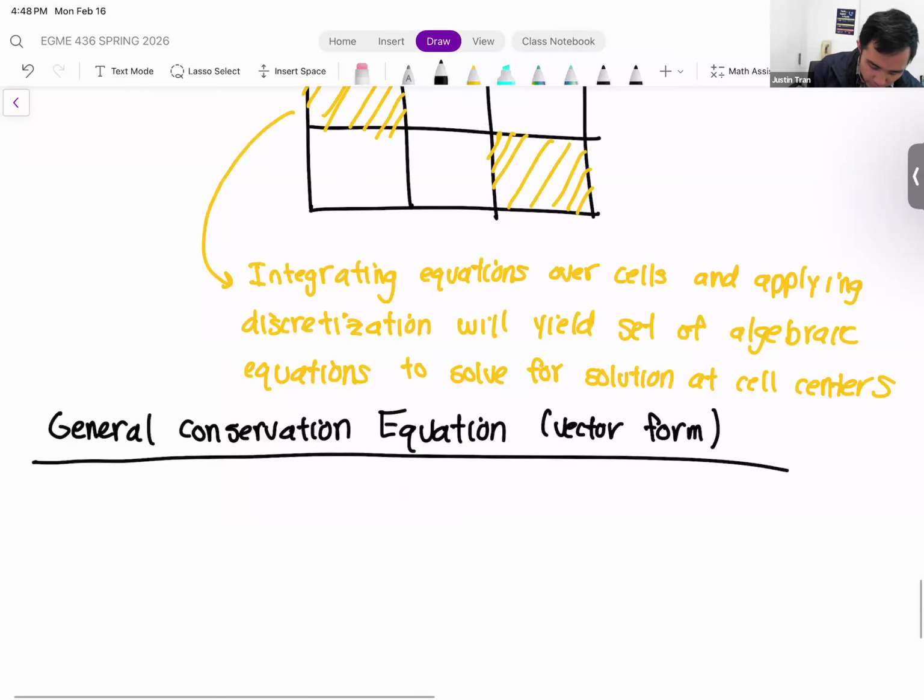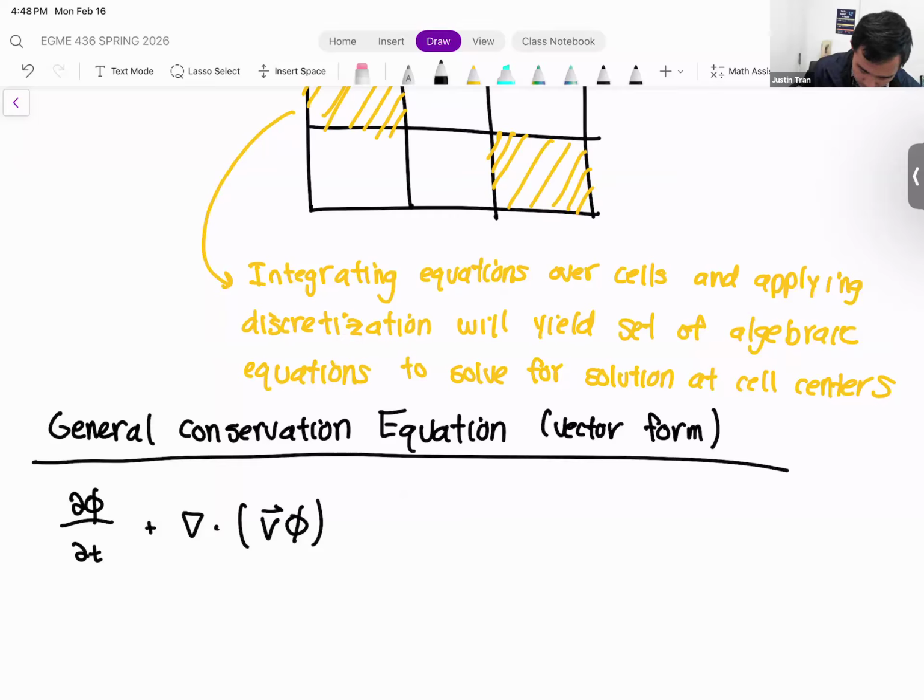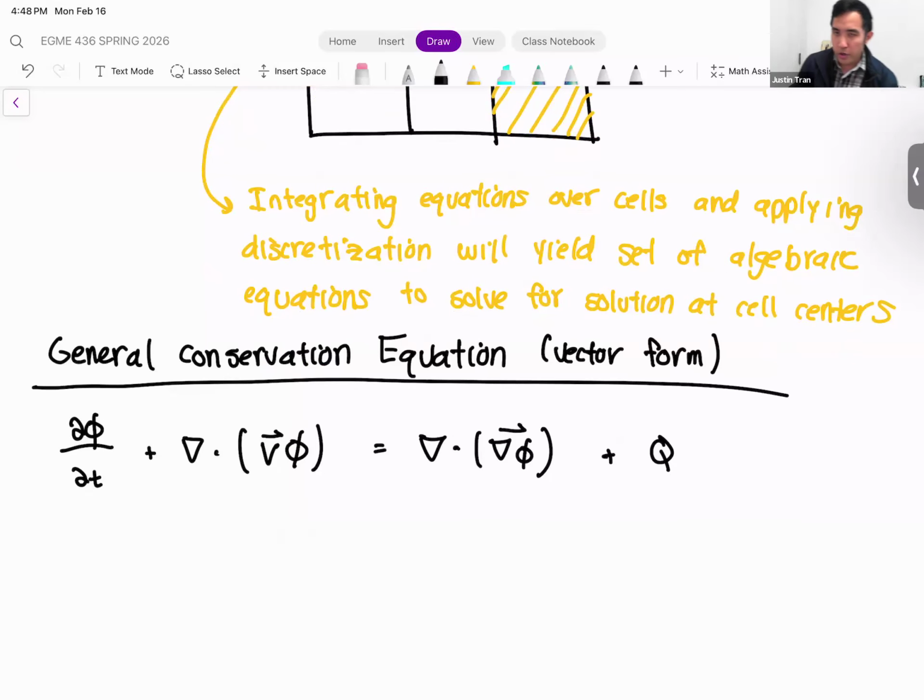And so our general conservation equation looks like this. We have partial phi partial t plus divergence of the velocity multiplied by phi is equal to divergence of the gradient of phi plus Q.